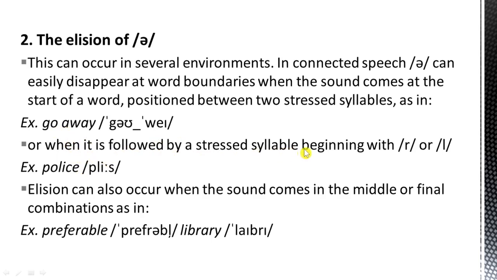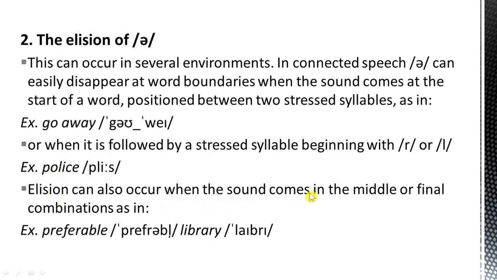Another context is when it is followed by a stressed syllable beginning with an l sound, like "police", so it becomes "plice". Here the sound is also omitted because it is followed by the l sound.